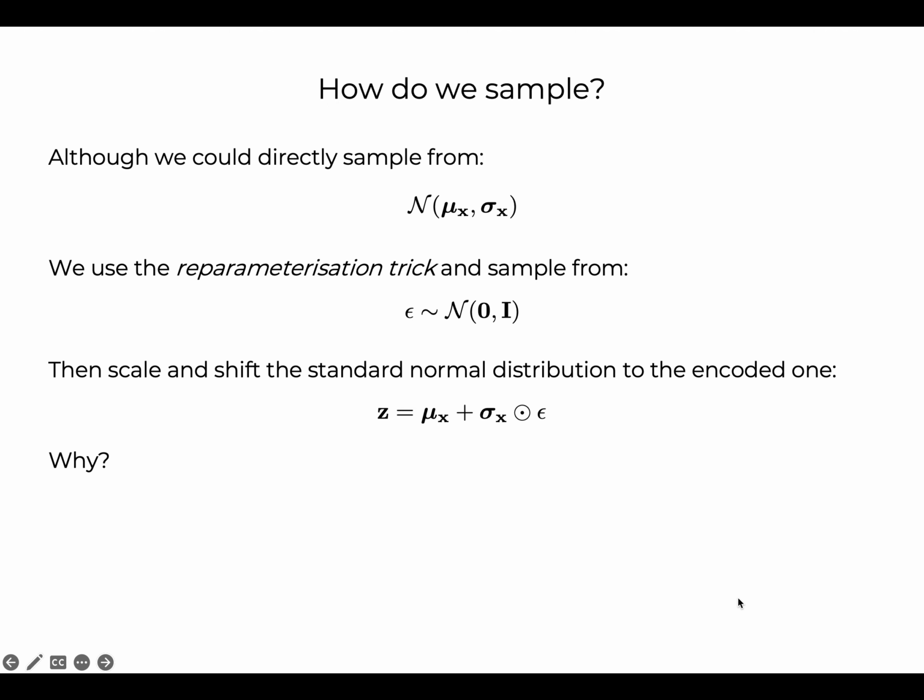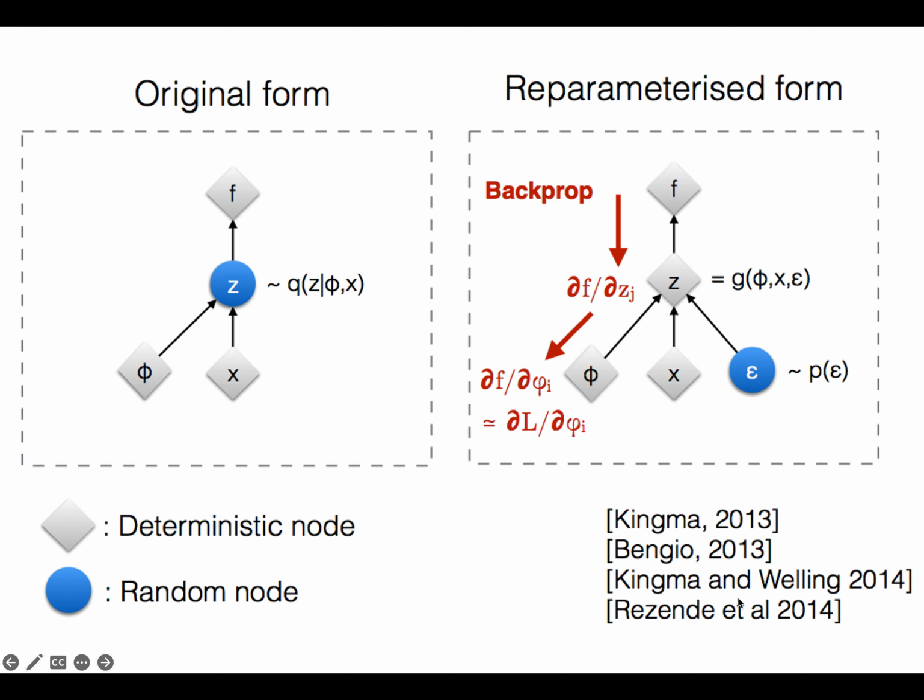So why do we do this? Well, here's the diagram from the original presentation of this method. And the idea is this. If we try to draw our z directly from the distribution that we get from the mean and variance, we would be trying to backpropagate through something that is itself random.